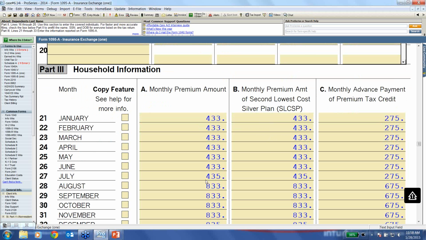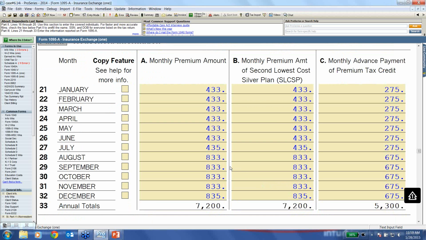For January through July, it was $433, just covering the daughter. We have some rounding in July. And then for the balance of the year, that figure went up to $833 to cover the dad and the daughter. Monthly advances, $275 for January through July, and then $675 for the rest of the year.